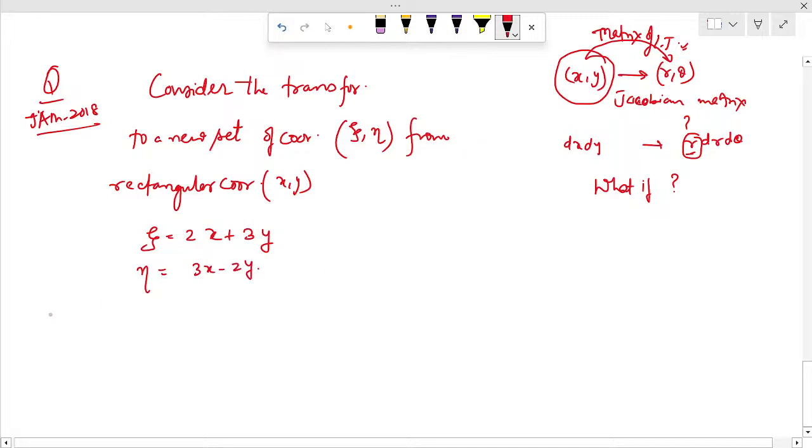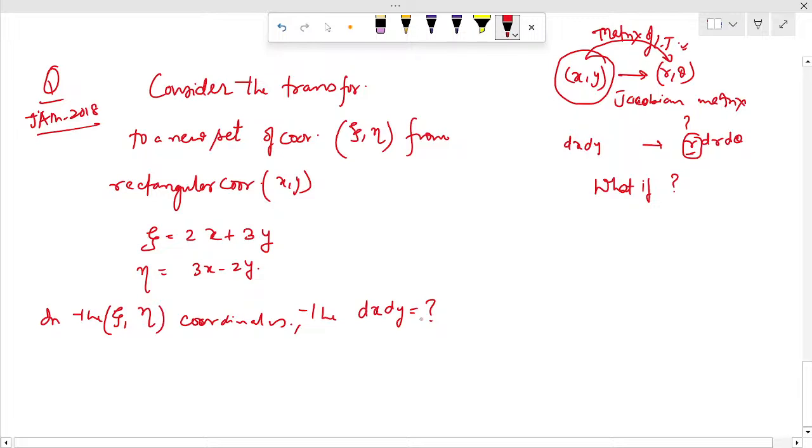In the zeta, eta coordinate system, the value of dx dy would be equal to what?